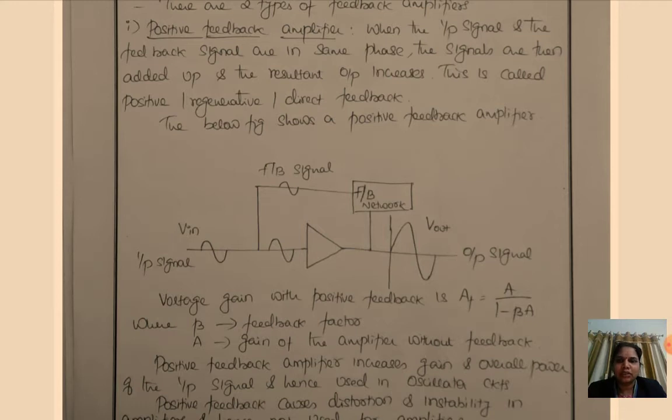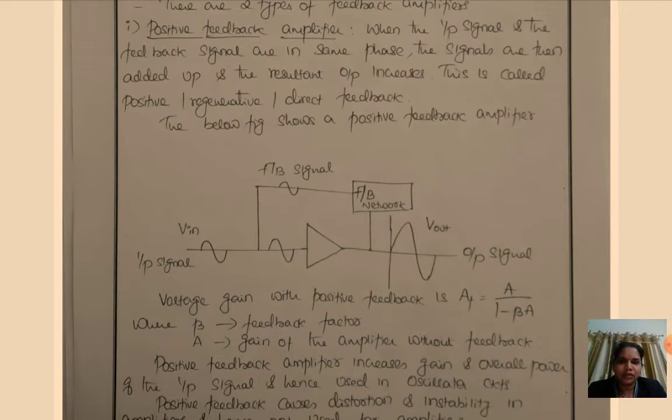So here, I have an amplifier which is represented by a triangle symbol. Basically, for any amplifier you use this triangle to represent that it acts as an amplifier. The input signal is V in and the output is V out, and I'm going to make a positive feedback amplifier here.